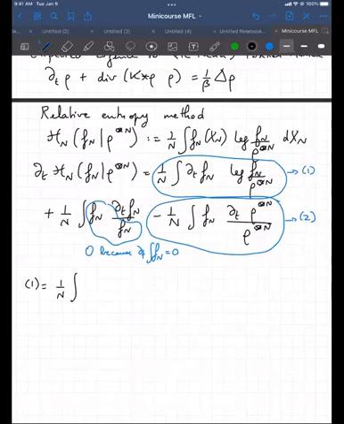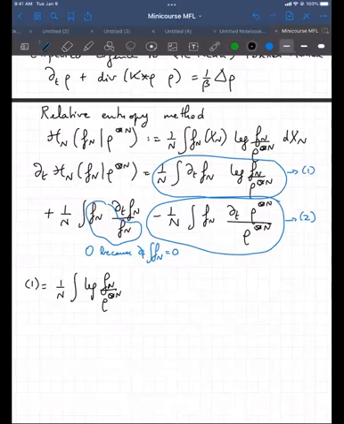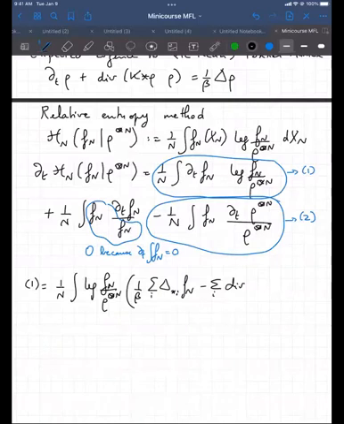So we have the integral of log Fn divided by rho tensor n times, and here we put the equation: 1 over beta Laplacian xi, minus the sum of k Fn.